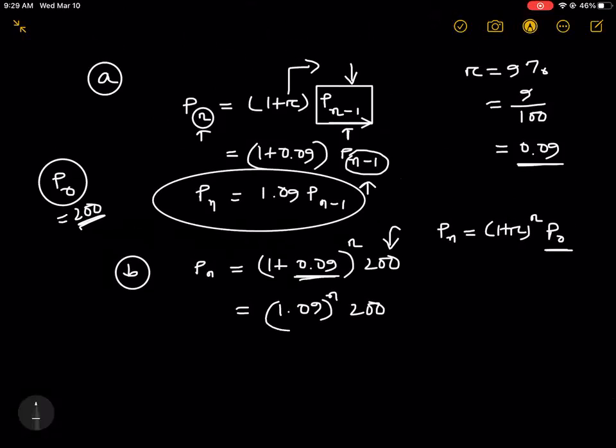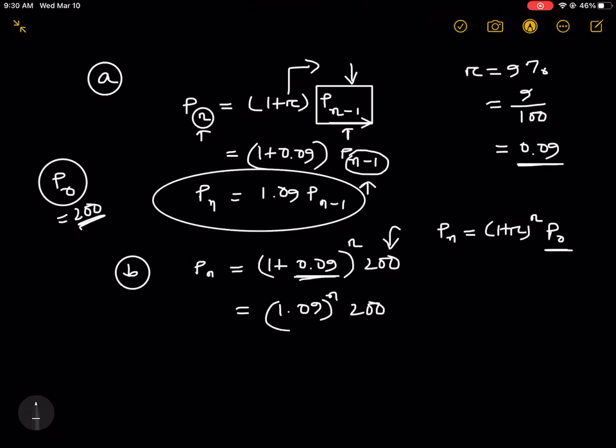Any questions up to this? Anyone? All good? Oh, I can see something in the chat. So 200,000 isn't Pn? No, 200,000 isn't Pn. If you see the question, let me go back to it.